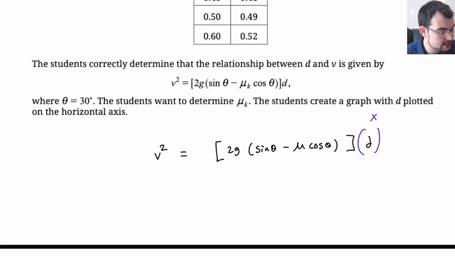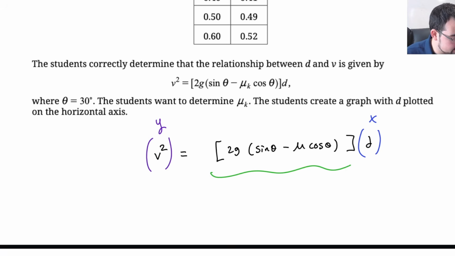So it's pretty easy, therefore, just to say that v squared should go on the y. I should make my colors consistent here. And then that means that this entire expression is my slope. Now, that's not a problem because g is g.